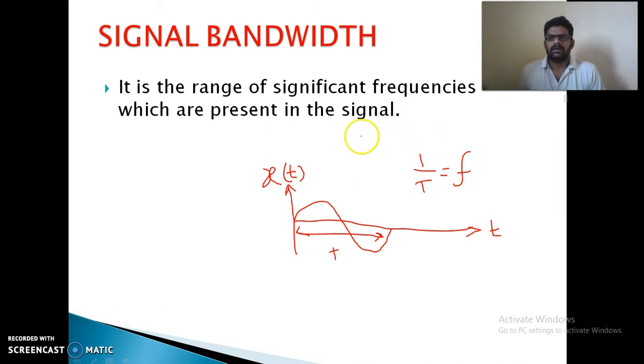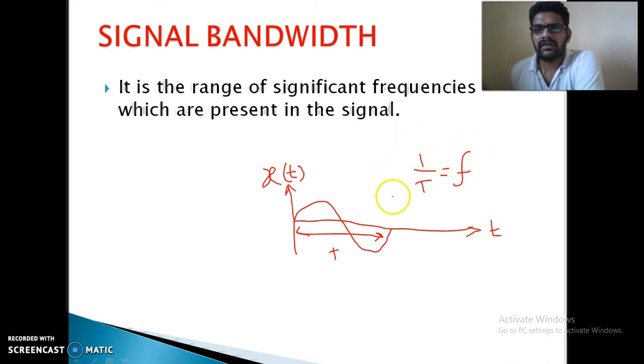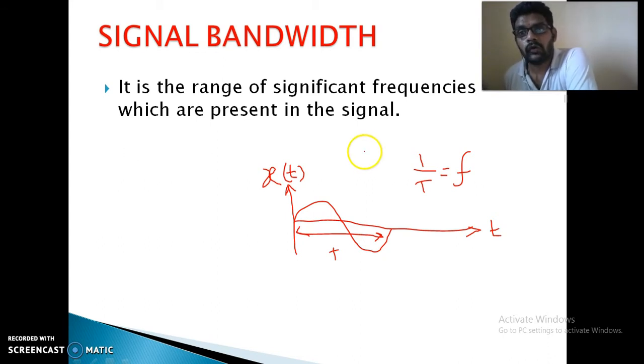But a signal does not exactly consist of only one frequency; it consists of infinite frequency components. That is what your Fourier series expansion gives. X of t is represented as a sum of n number of frequency components, starting from omega naught, 2 omega naught, 3 omega naught, 4 omega naught, 5 omega naught.